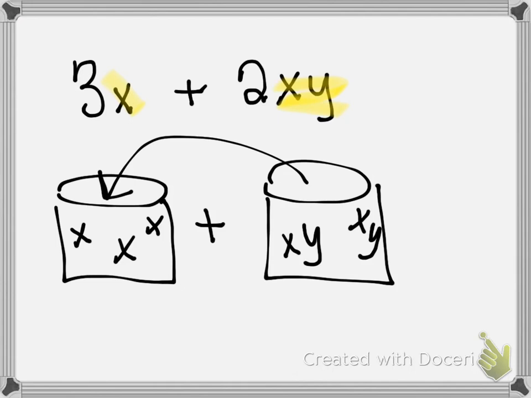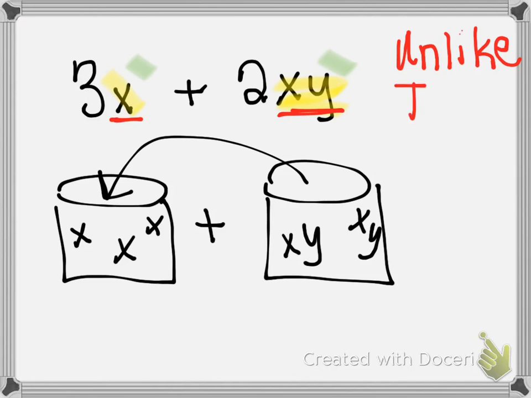Are the exponents the same? Must have yes to both questions. And as you can see, on the expression on the left, our first term, we have an x, and the second term is an xy. Those are not the same. They are what we call unlike terms. They cannot be combined.